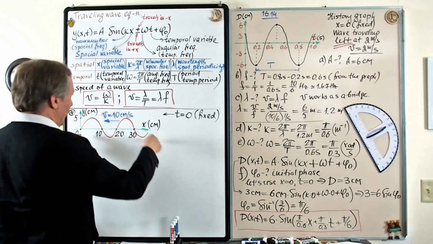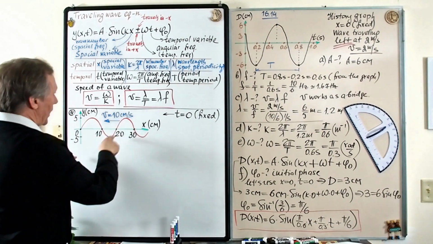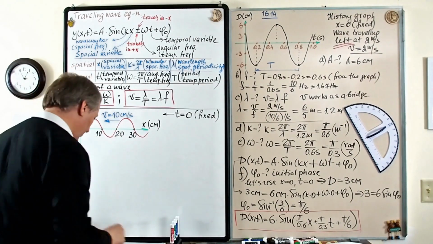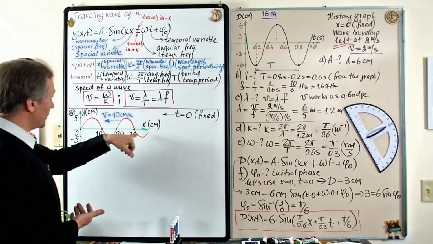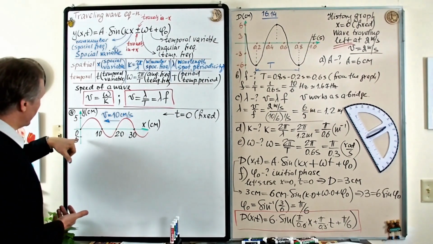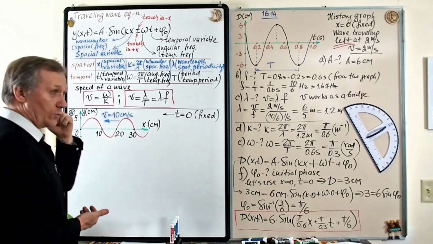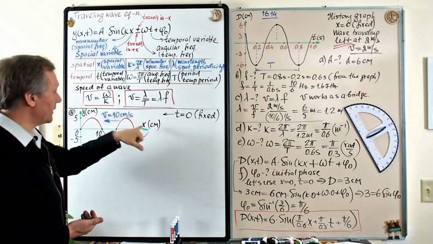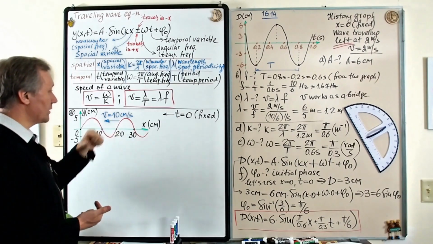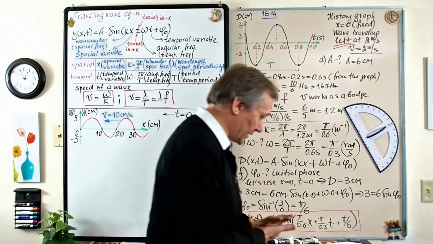And we have this sine function. And it's y versus x, right? We have points 10, 20, 30. We have 5 here, minus 5 there, right? And we also know that this wave travels in the negative x direction, to the left, with the speed of 10 meters per second.